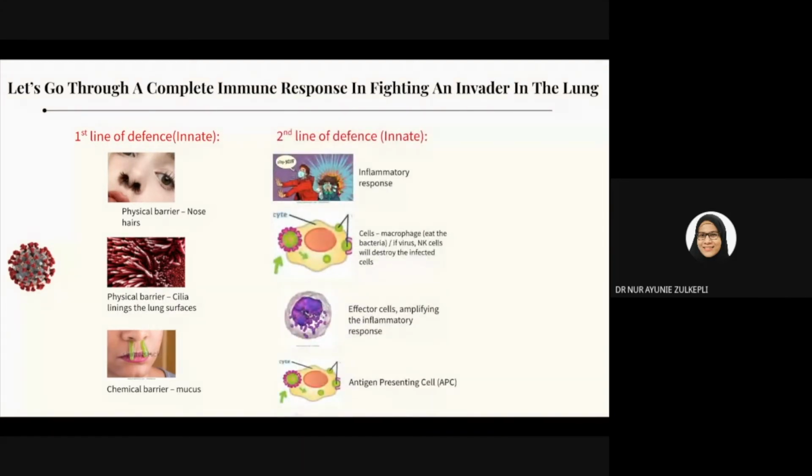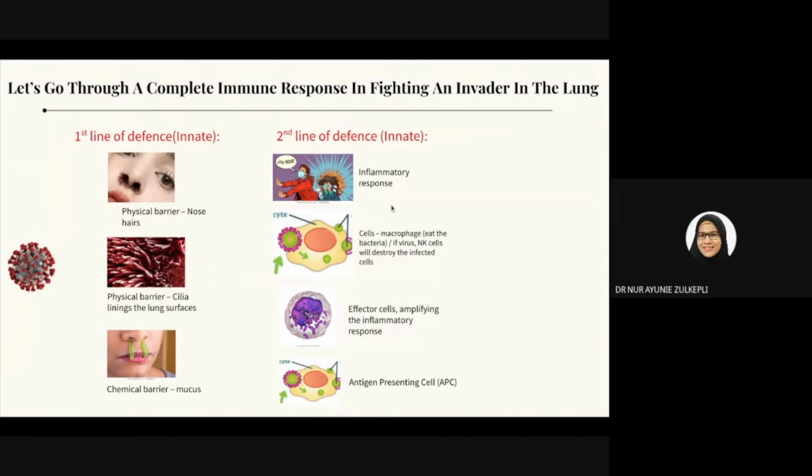Okay, and then we have the second line of defense. Once the bacteria or the viruses pass the entrance of the first line of defense, they will enter the second line of defense. We also know it as innate immunity or immune response.